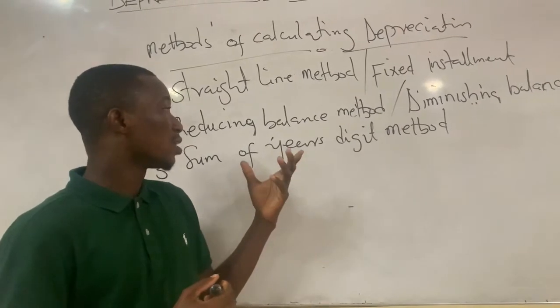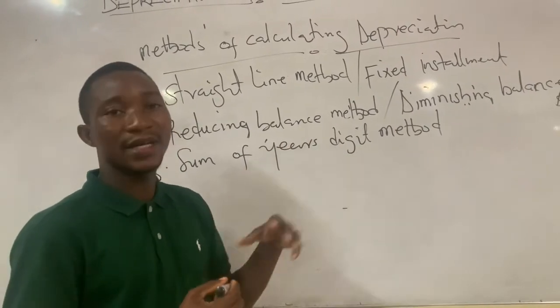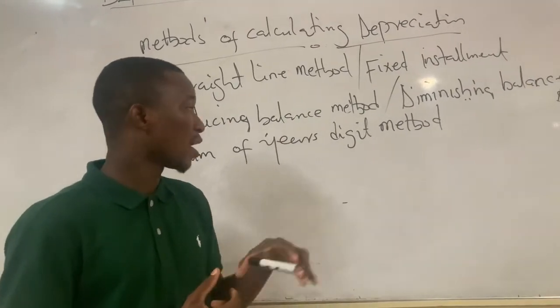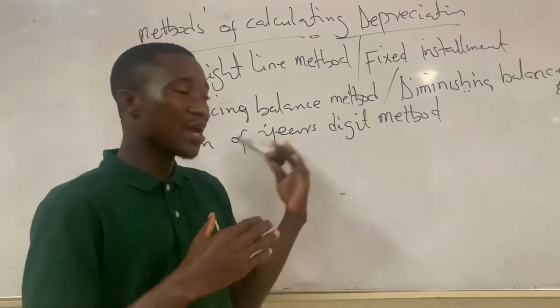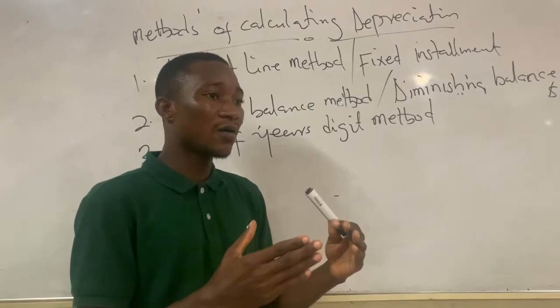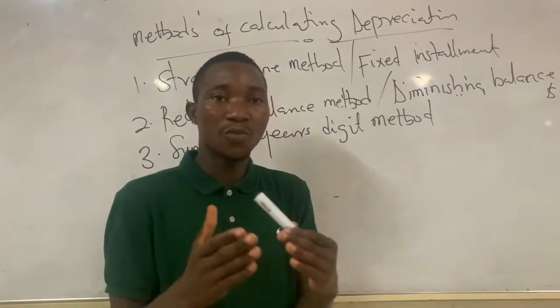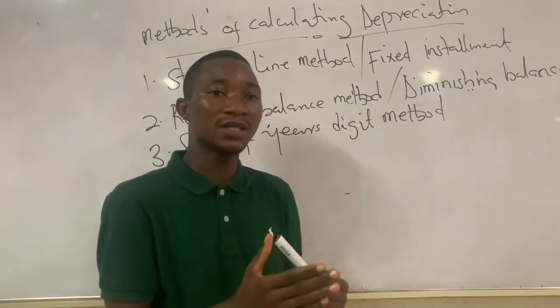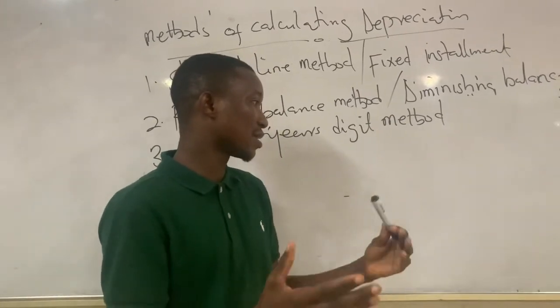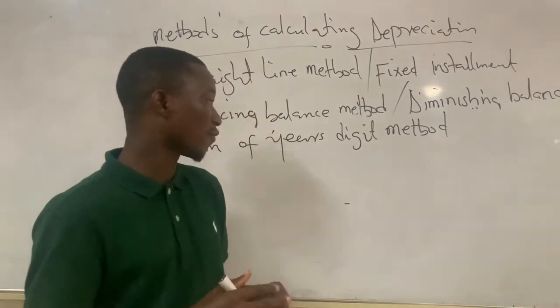Here, we calculate the depreciation based on the digits. Is that okay? And the depreciation also keeps diminishing. We assume that the first year of the asset being in operation attracts the higher depreciation, and it keeps diminishing till the asset is finally disposed of from the business.